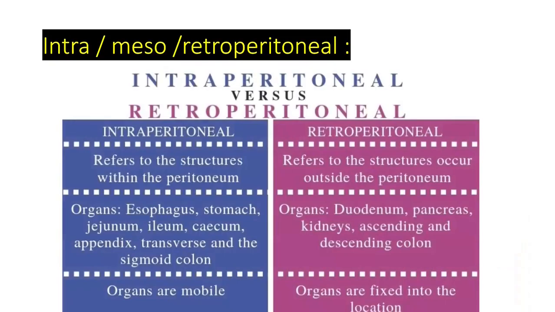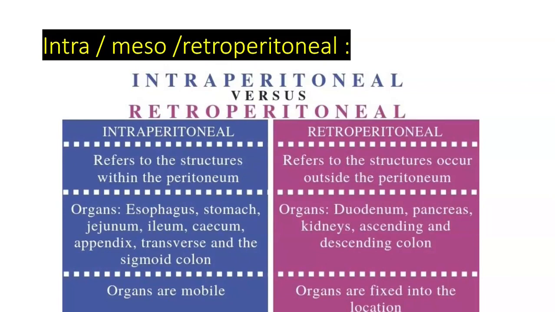So now the intra, meso, and retroperitoneal organs. The intraperitoneal organs refer to the structures which lie within the peritoneum, and examples of these organs are the esophagus, stomach, duodenum, ileum, cecum, appendix, transverse, and the sigmoid colon. Okay, these organs are mobile, while the retroperitoneal organs are those organs that are attached to the posterior abdominal wall.